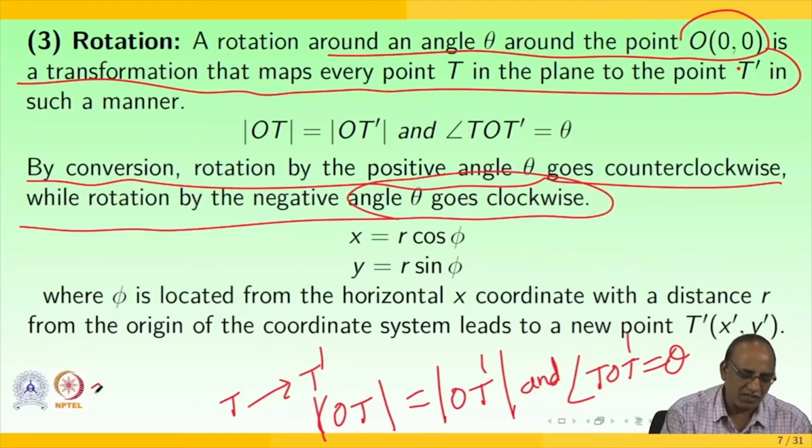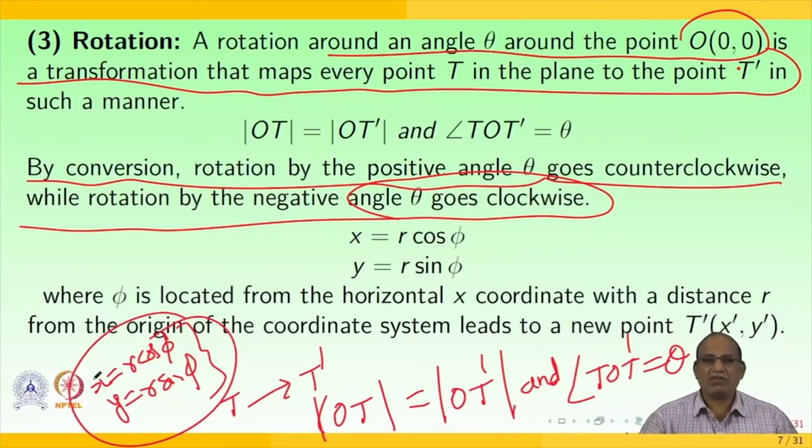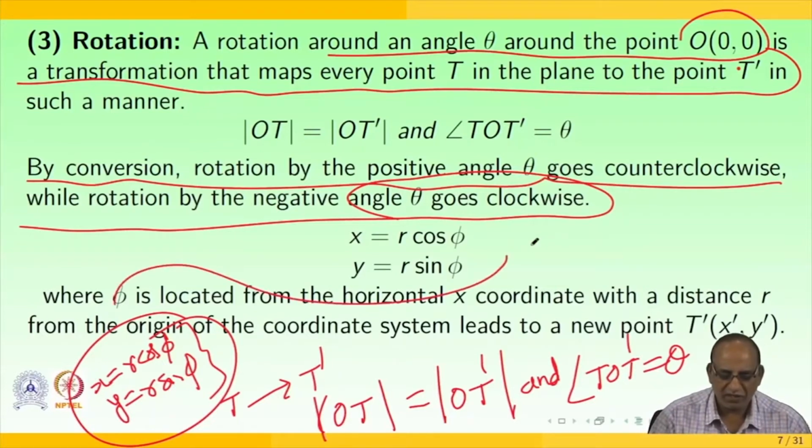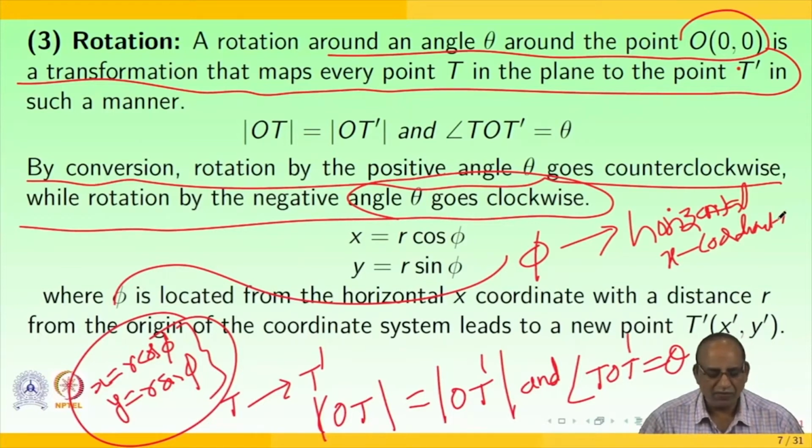So that means essentially you will have x equal to r cos phi, and y equal to r sin phi, where phi is measured from the horizontal x axis, with a distance r from the origin of the coordinate system.